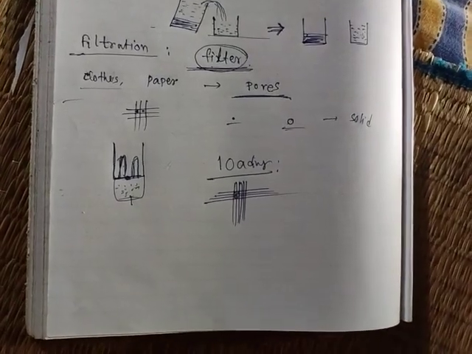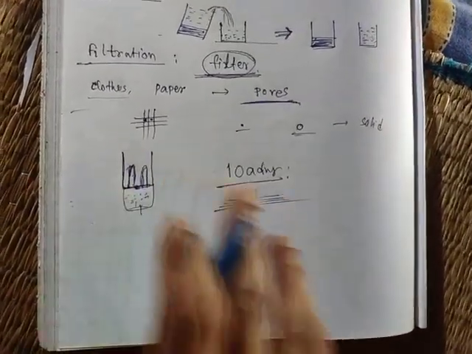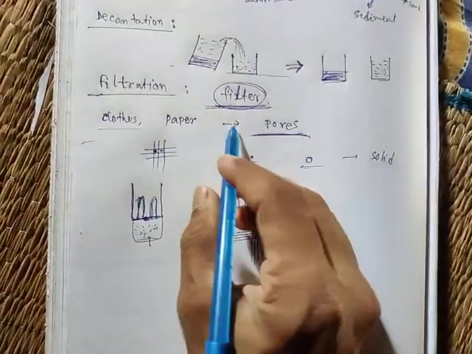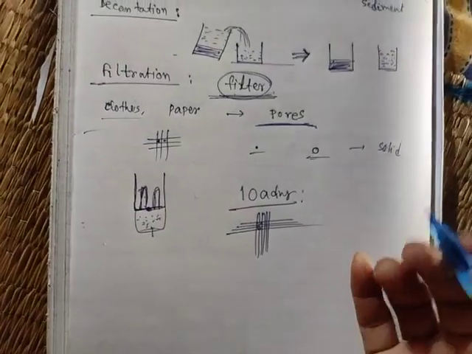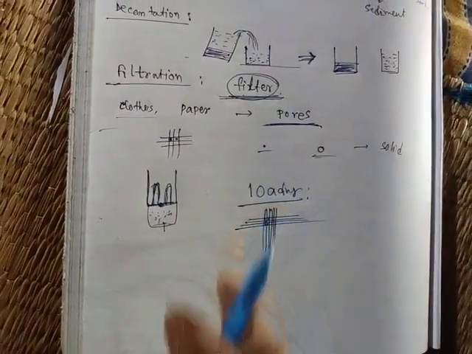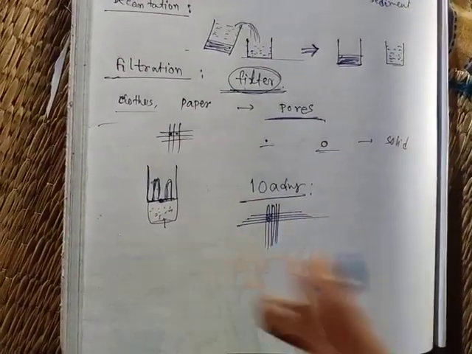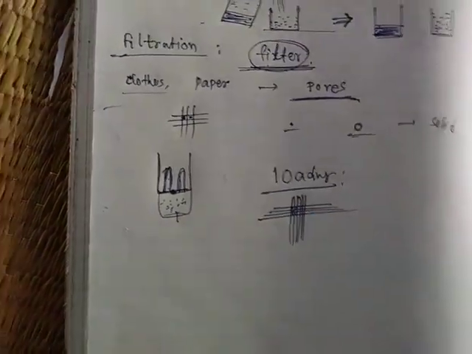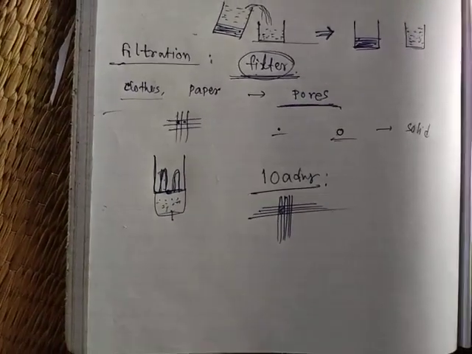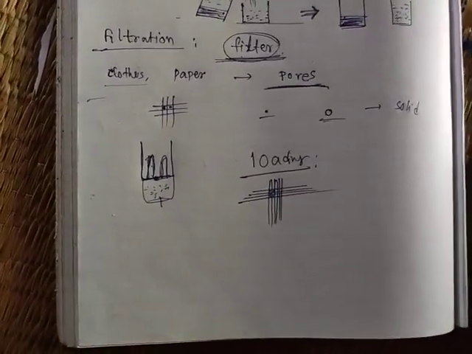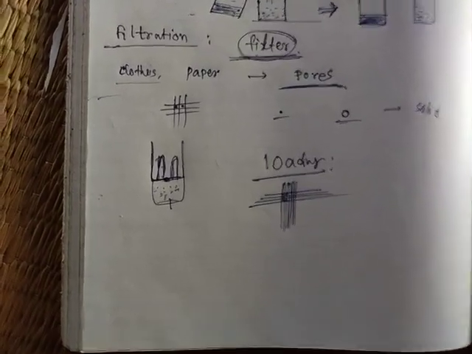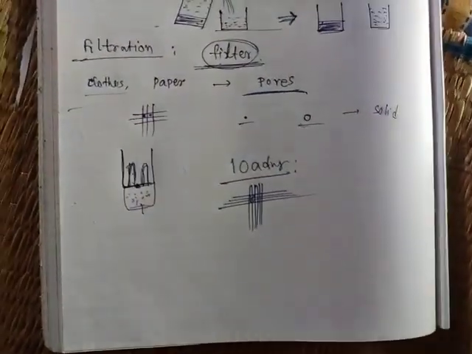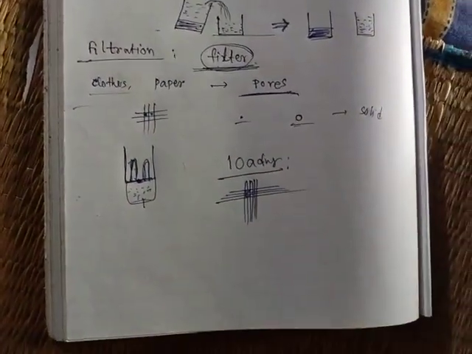So understand what is loading. Filtration and loading are not the same. For filtration, the size of the insoluble solid is greater. If the size of the solid is very small, then it blocks the pores of the filter, and it may take a very long time to separate the liquid and the solid. So for this we do not use a filter, and to separate this we use the process which is called loading.